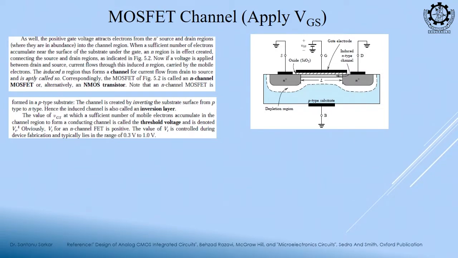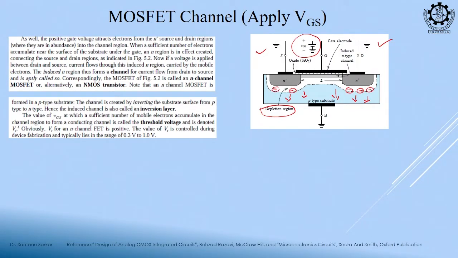Suppose you are starting with VGS only, and source and drain are both 0. So, what is the first step? A depletion region will be formed. This positive potential will repel all the holes towards the bottom. If holes are repelled, what remains? Negative ions.